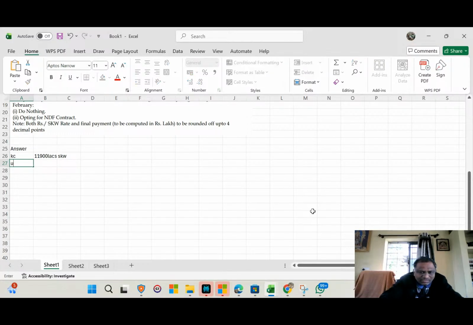The unknown currency is INR. Hence INR is equal to known currency SKW into INR divided by SKW.